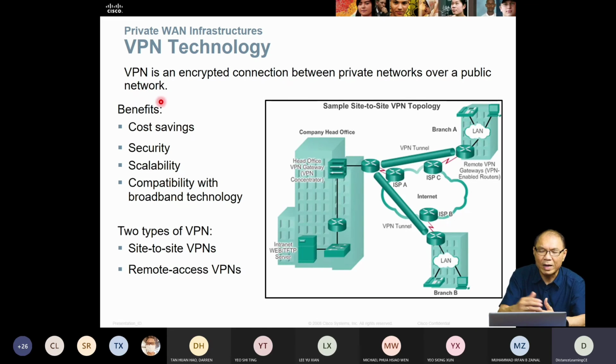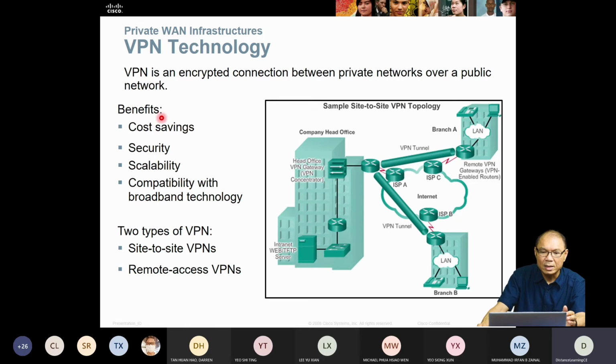If I'm using the normal internet that I connect to StarHub, Singtel, M1 and so on, and I want to dial into ITE, I use VPN technology to create a private connection which no one else can see between only me and ITE. But I am using the public infrastructure. I'm using the Wi-Fi, or the StarHub or Singtel network, to connect to ITE.